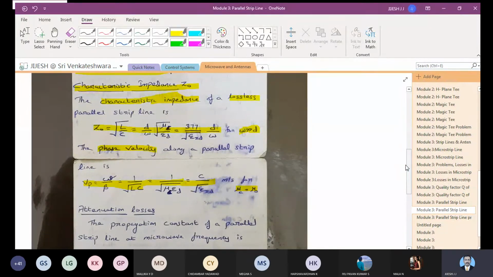So complete it, then we will move on to the attenuation losses. As I have told you, just take one sheet of paper and write down the equations which are relevant to you for that module. It will be easy for you to understand those things, and without missing any terms, you can complete it for the examinations as well.